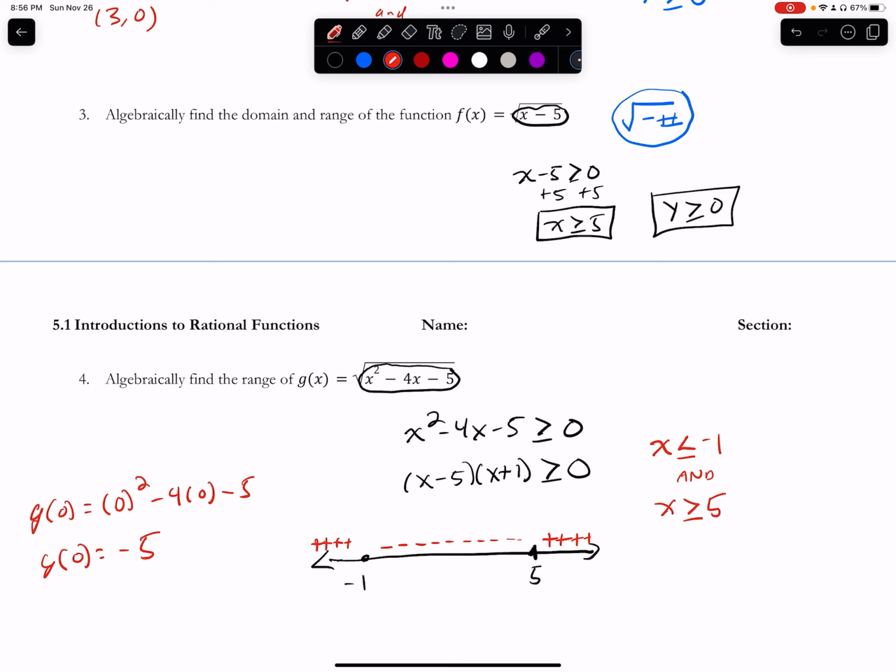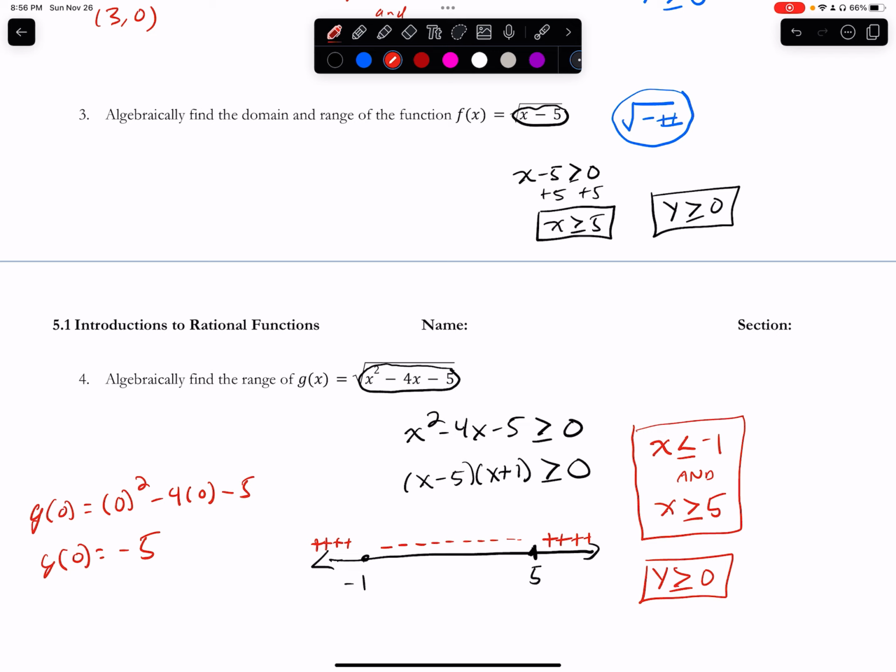There are different types of notation, but this is totally acceptable for writing down the domain. And we can see that this is a radical function with no shifts to it. So our range here is y is greater than or equal to 0. You can't get a negative number out.